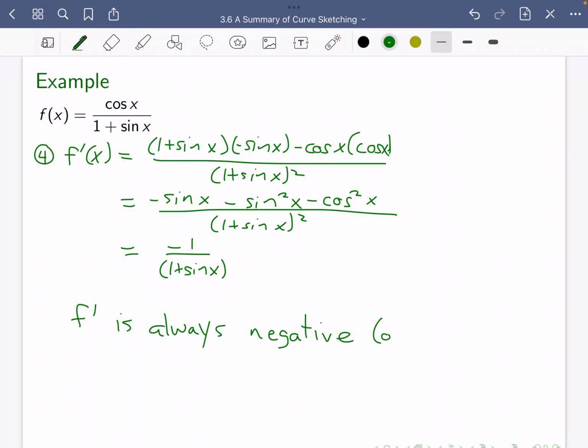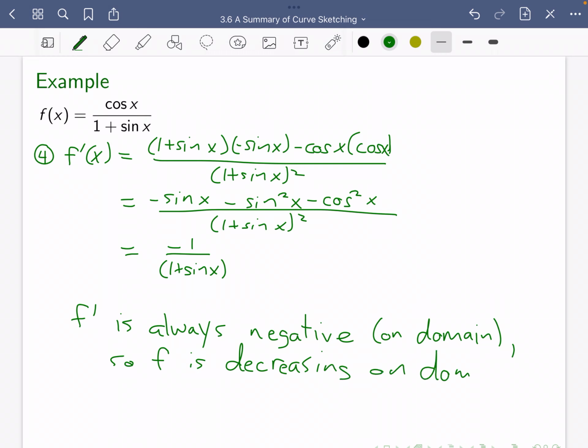So it's always negative on this domain. So f is decreasing on this domain. Good.